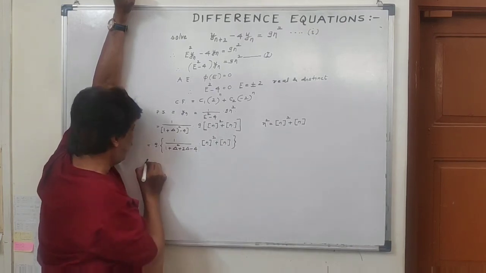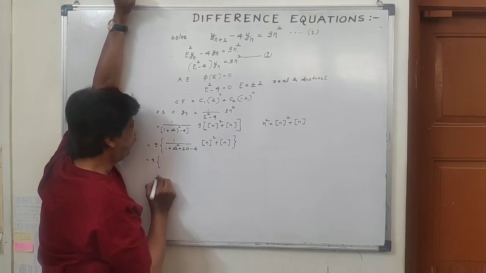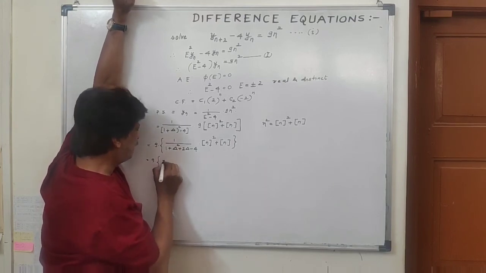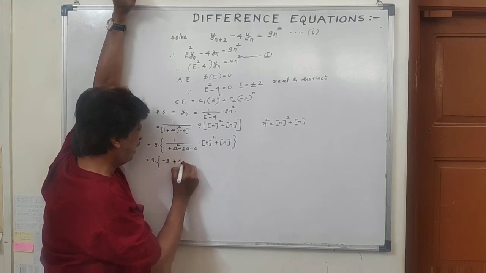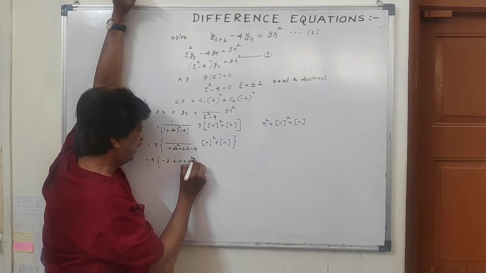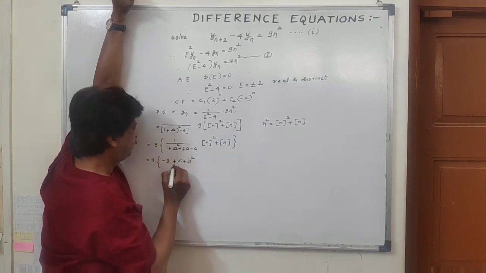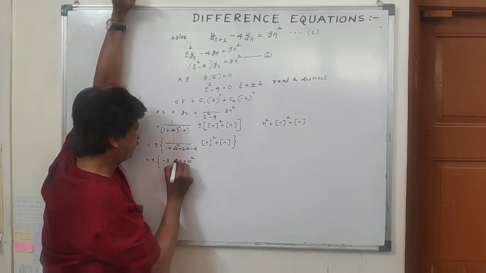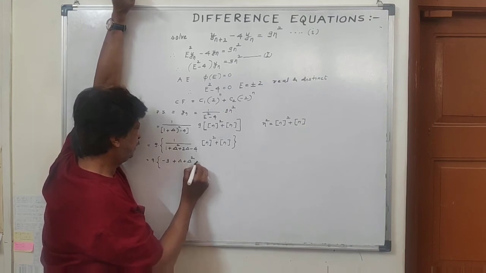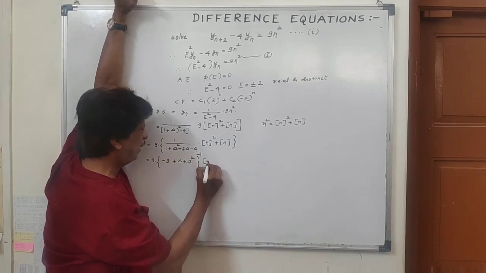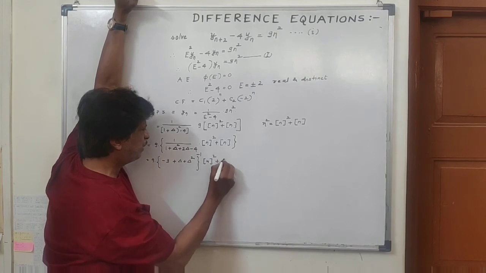That is further equal to 9 times 1 minus 4, it is minus 3, plus delta square raised to power minus 1 operating on n square plus n.